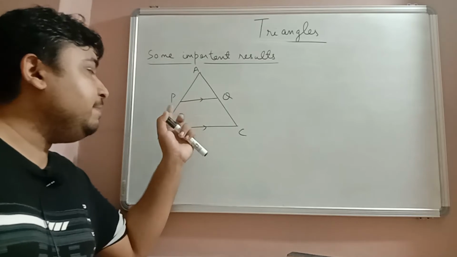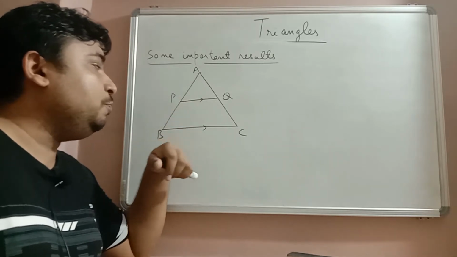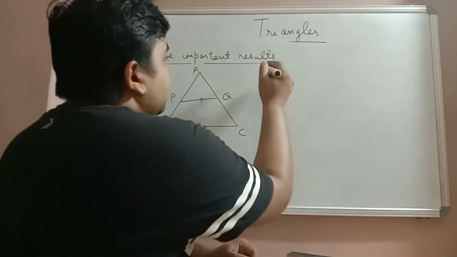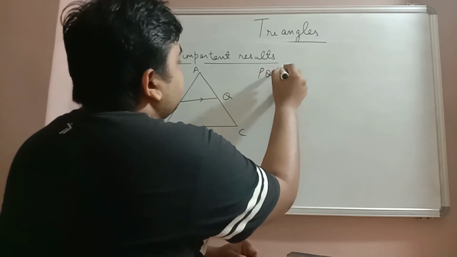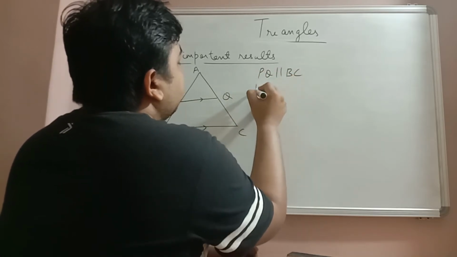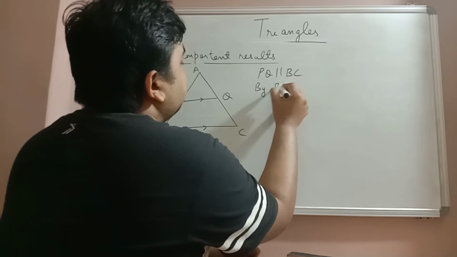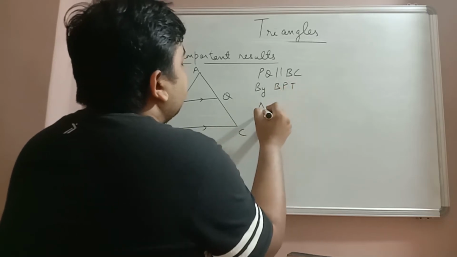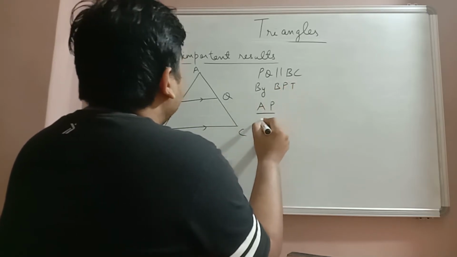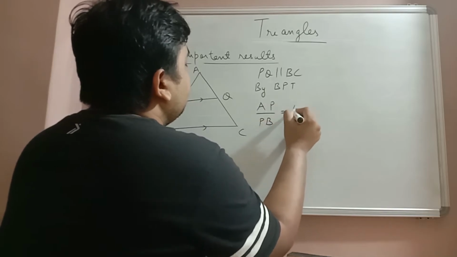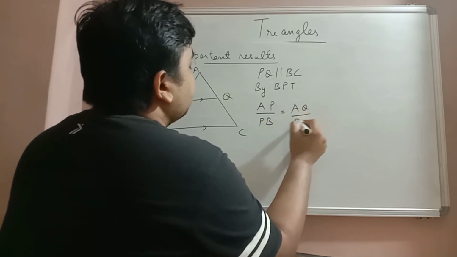If I have a triangle ABC in which PQ is parallel to BC, then by basic proportionality theorem, BPT, AP upon PB is equal to AQ upon QC.